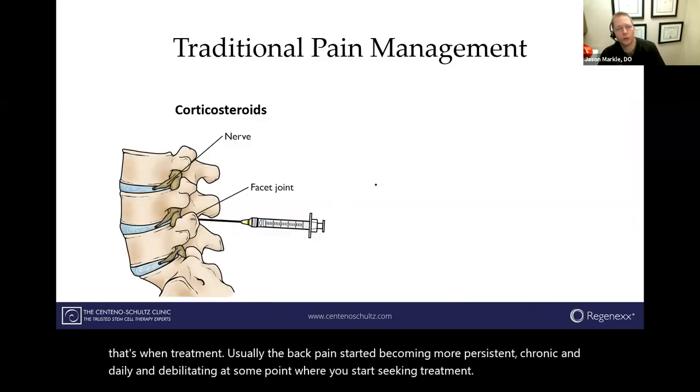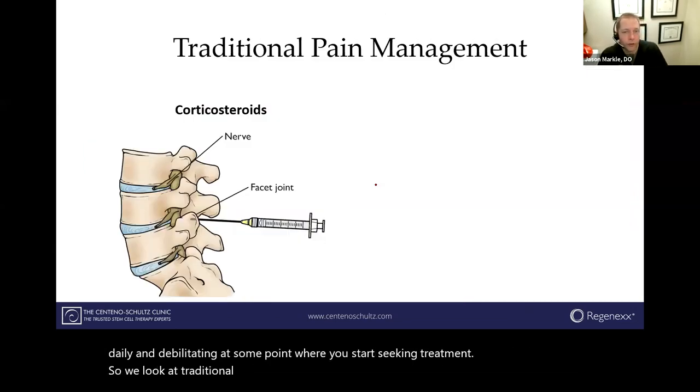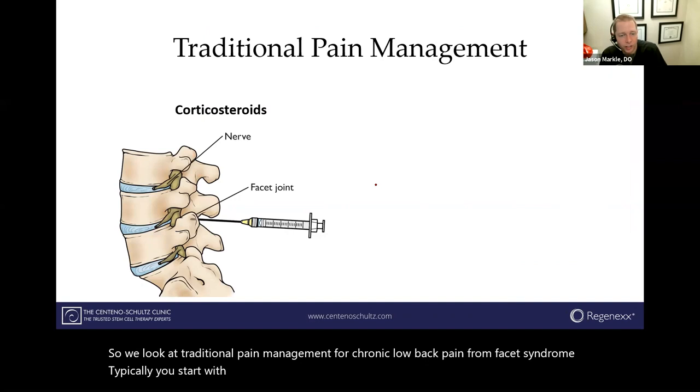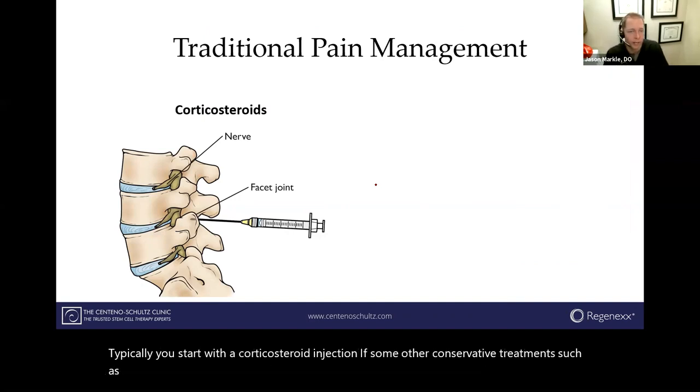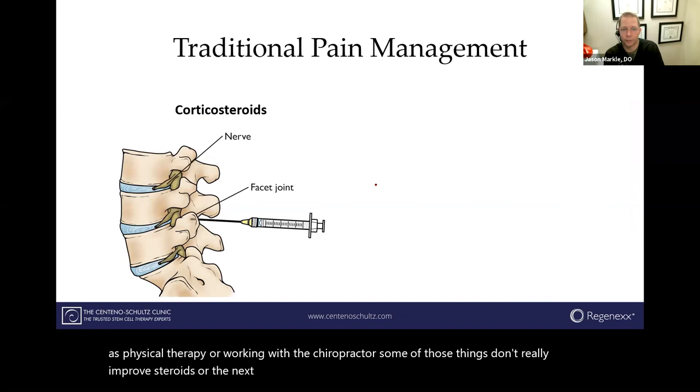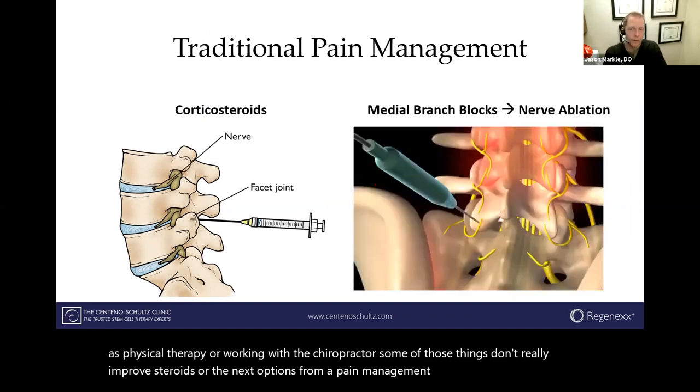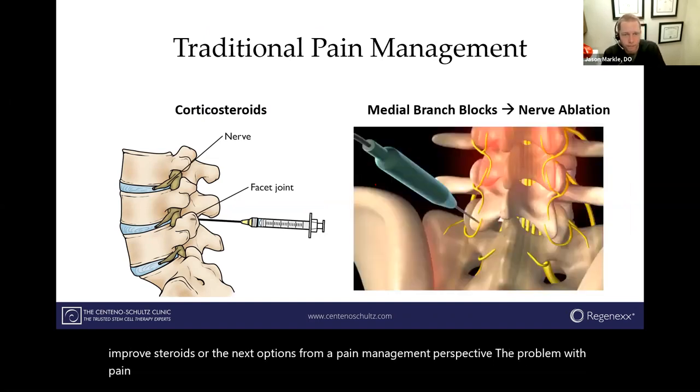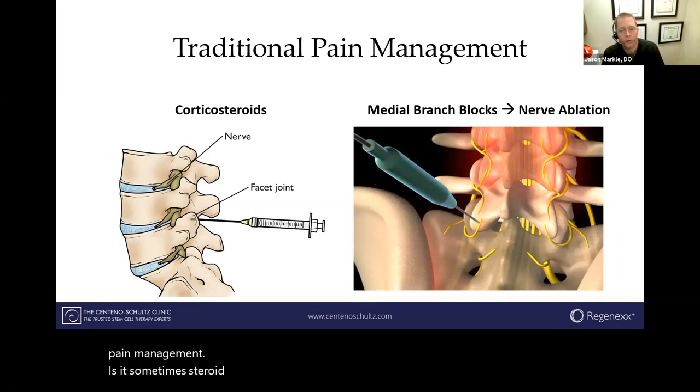So if we look at traditional pain management for chronic low back pain from Facet syndrome, typically you start with a corticosteroid injection if some other conservative treatments such as physical therapy or working with a chiropractor don't really improve things. Steroids are the next option from a pain management perspective. The problem with pain management is that with steroid injections, you can only do a few of those.